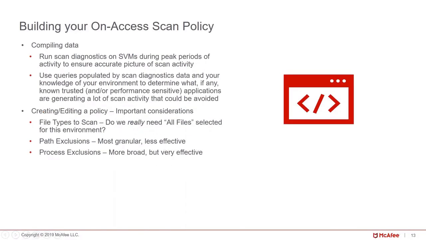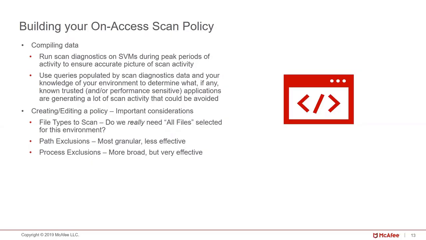But once you've used those performance tuning queries to figure out what's being scanned in your environment, it's important to actually compile this data and make an on-access scan policy for your environment to reduce the unnecessary scan load. The best way to do this is to run scan diagnostics on your SVMs during peak periods of activity to ensure that you have an accurate picture of the scan activity in your environment during peak periods and not just during off hours or when people aren't doing a whole lot.